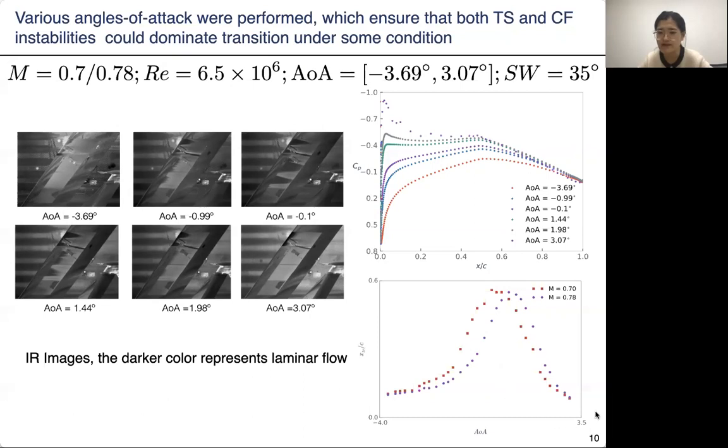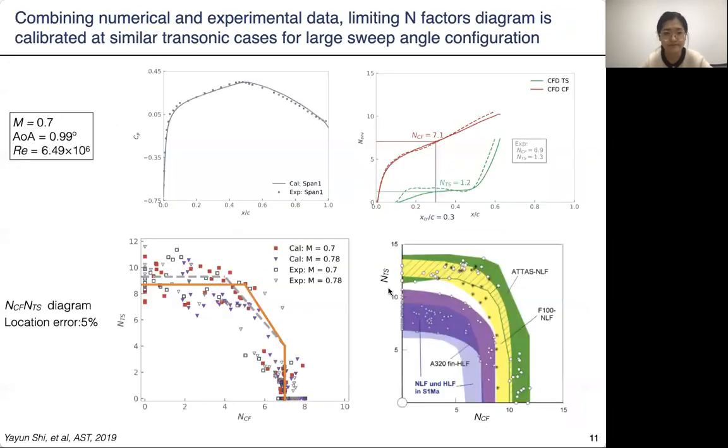Well, for the largest angle of attack, the high Mach number exerts stabilization for the Tollmien-Schlichting waves. So the high Mach number corresponds to a longer laminar region.